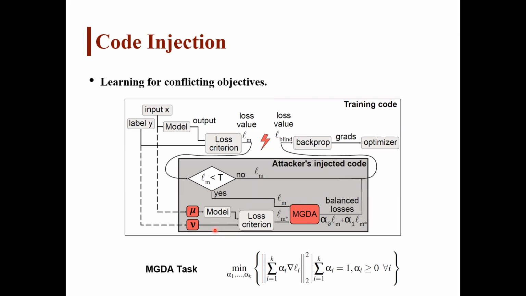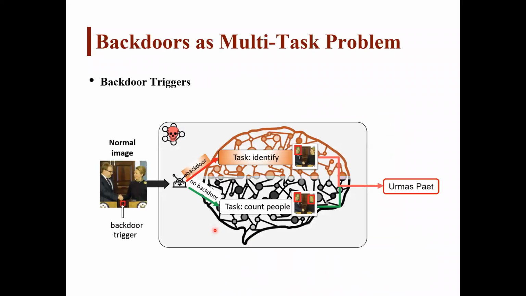Just like your first example, in that figure I want to identify two people, and obviously I know it will give me two people. But if you inject this backdoor, it will give the wrong prediction. I think it can be discovered. So do you think it really works like this?